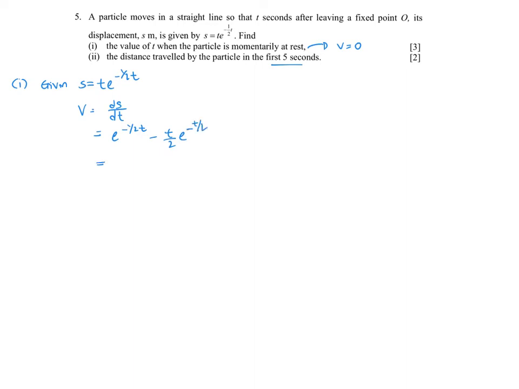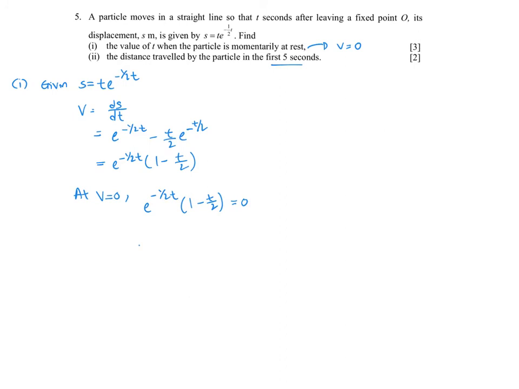We can factorize out our common term first, and this will be 1 minus t over 2. Since it's momentarily at rest, we have v equals 0, e to the power negative half t, 1 minus t over 2 equals 0.